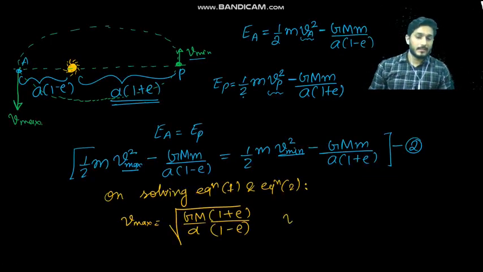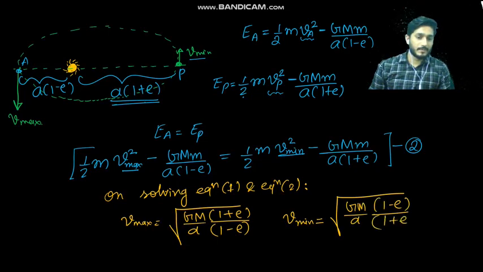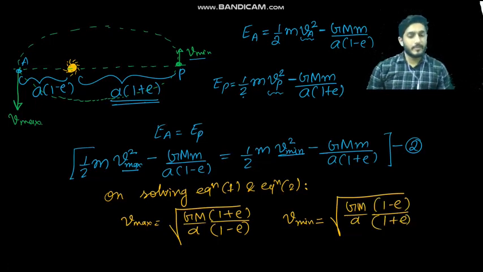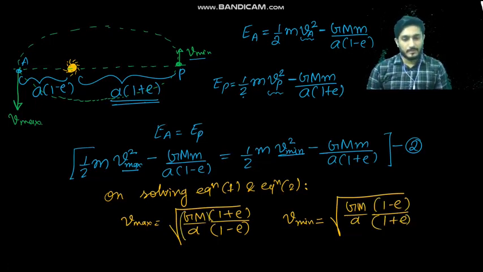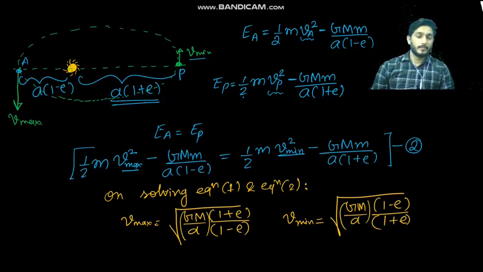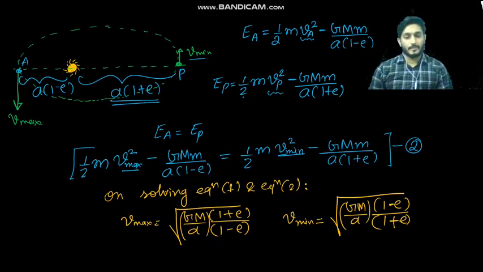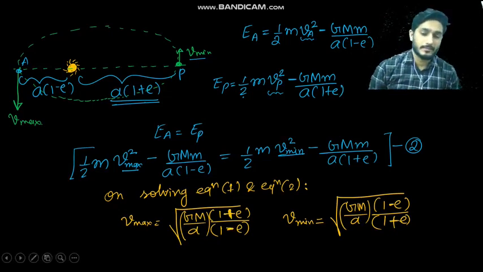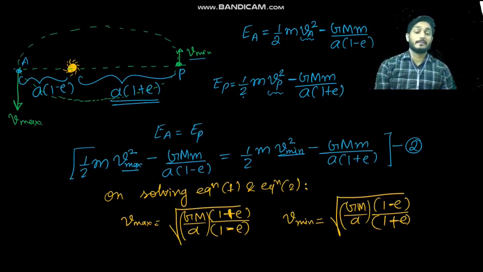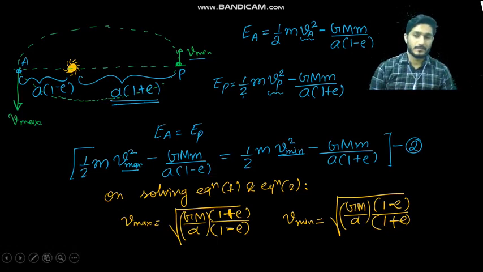And similarly, we get vmin equals under root of GM by a times 1 minus e upon 1 plus e. There is a super easy way to remember this. You have to remember GM by a for both the cases. For minimum, you put a minus sign in the numerator and plus in the denominator. And similarly for maximum, you put plus in the numerator and minus in the denominator. Just make sure that vmax is greater than vmin, for the very obvious reason.